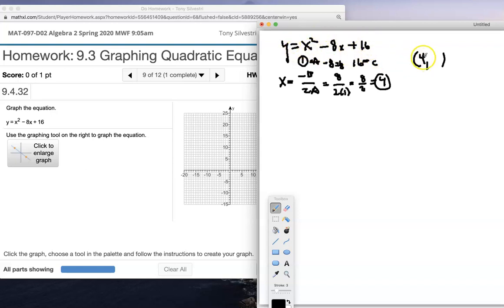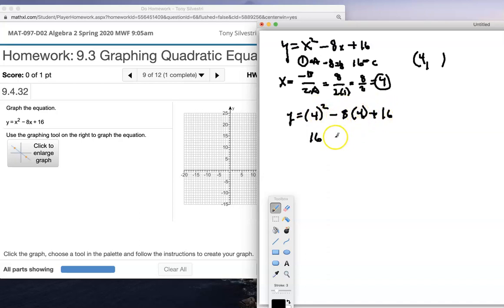Everywhere you see an x, you plug in a 4 in parentheses. So I'm going to put 4 in parentheses, squared, minus 8 times 4, plus 16. That's equal to y. You've got to do your powers first. All right, you did the powers. Then you're going to do your multiplications next.